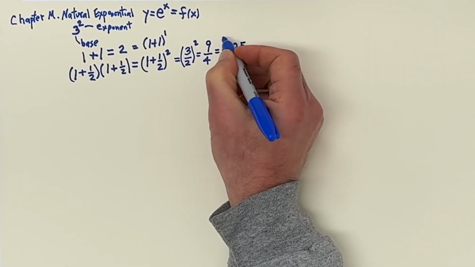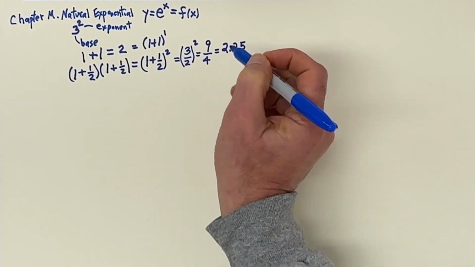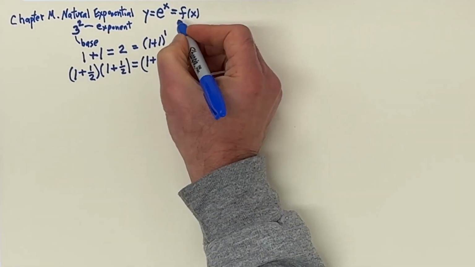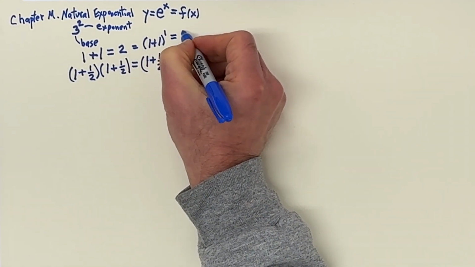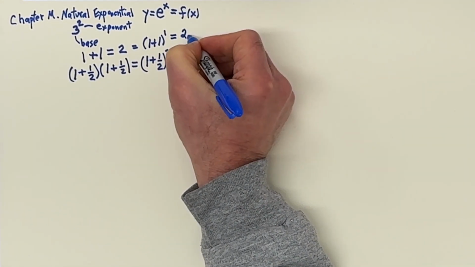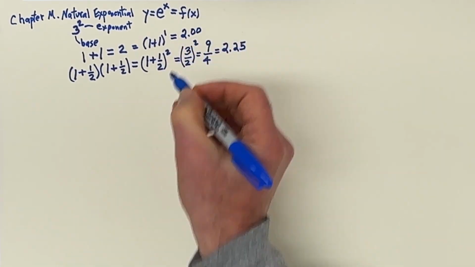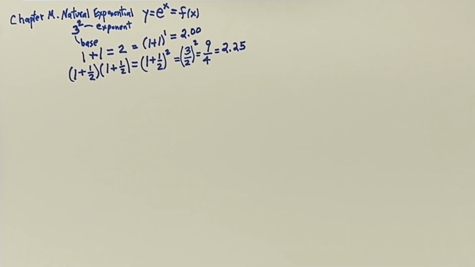So that's what we would have. We'd have $2.25. In this case, we simply have $2. Get $2 back.